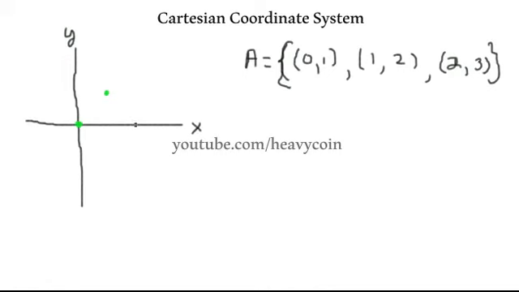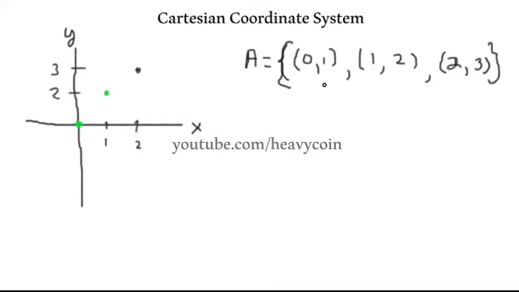We'll go over, let's see, 0, we'll call this 1, and this 2. Yeah, this is definitely not to scale, but anyway. And so (2, 3) is going to be about right here.